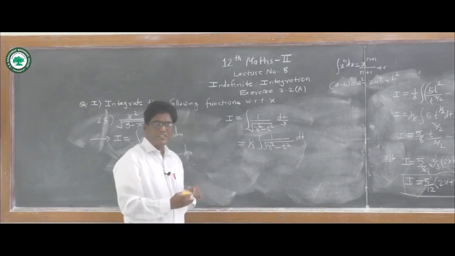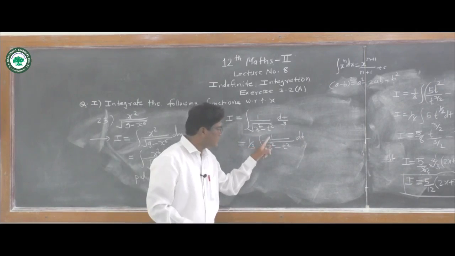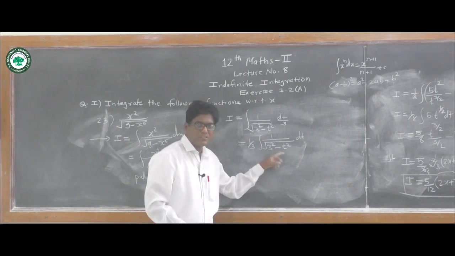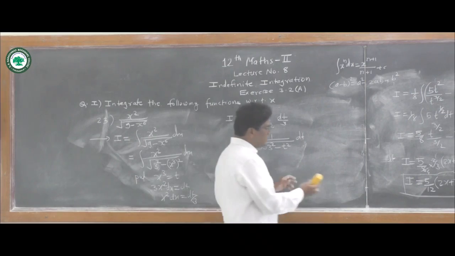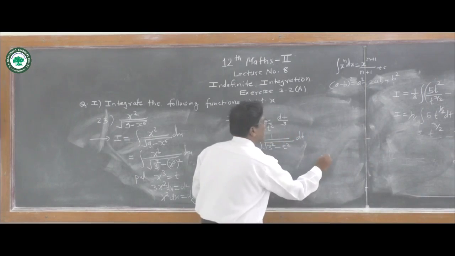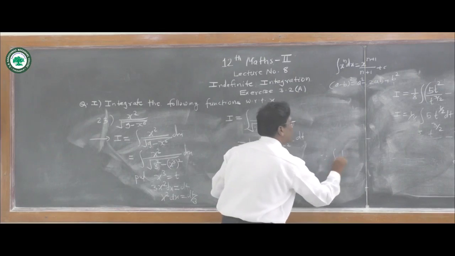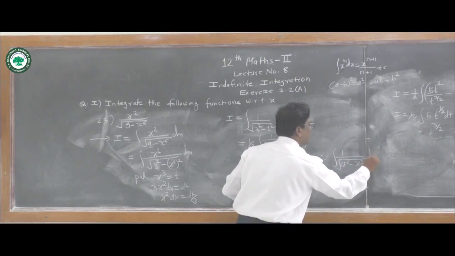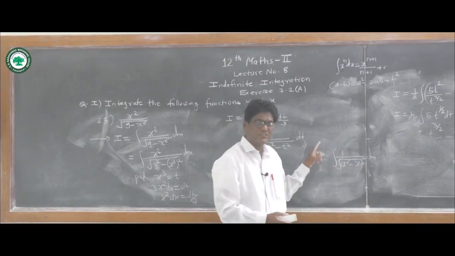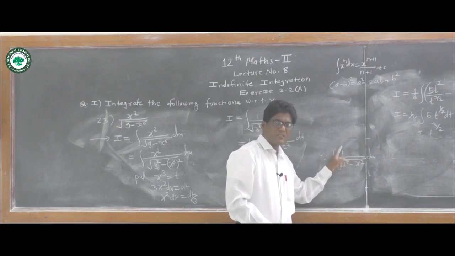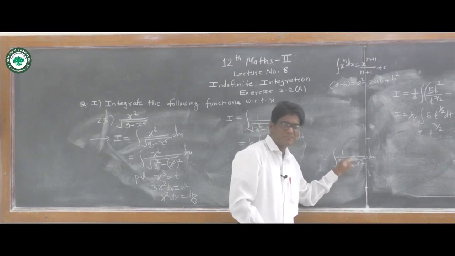And now there is a standard formula for this, integration of 1 upon under root of a square minus x square dx. Recall the formula. There are 3 formulae of such type: integration of 1 upon under root of a square minus x square, 1 upon under root of x square plus a square, 1 upon under root of x square minus a square dx.